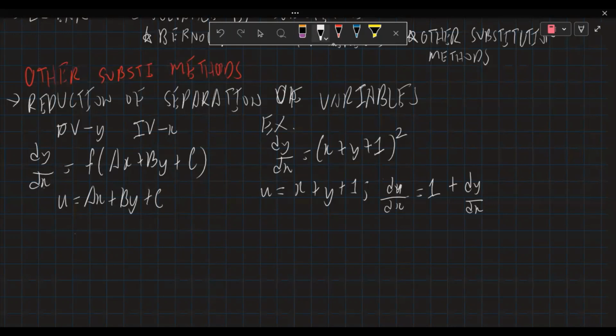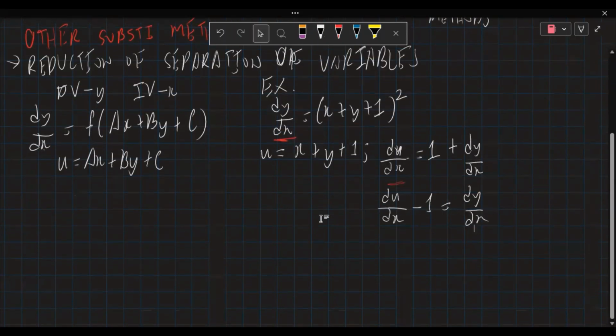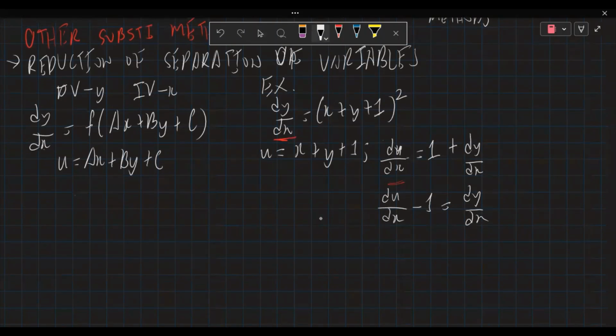And then we can substitute this into this, changing the subject to dy over dx equals du over dx minus 1. So we have that now, and if we substitute it, it will be du over dx minus 1 equals u squared. Very nice.